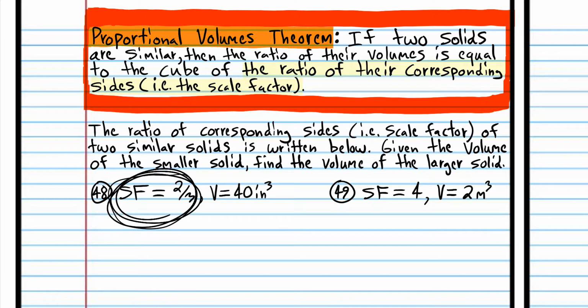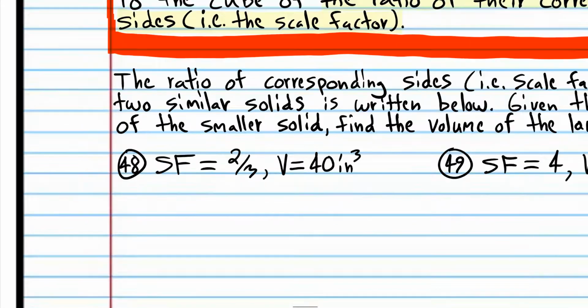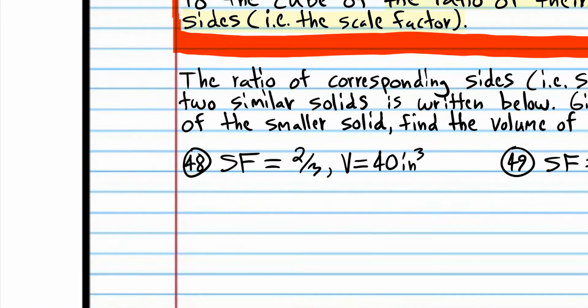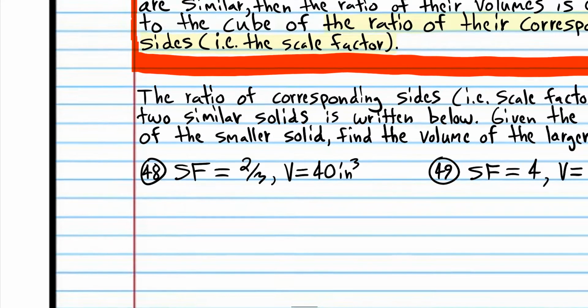Given the volume of the smaller solid, find the volume of the larger solid. So we take the ratio of the volumes. We take the smaller volume and divide it by the larger volume, which I'm going to notate as VL, volume of the larger.